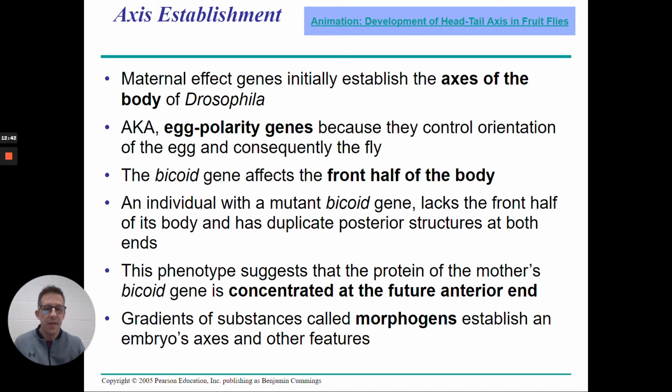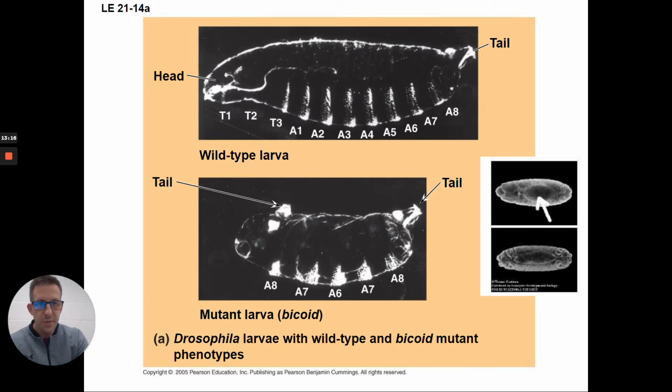It turns out that the concentration of this bicoid gene's protein, once it is transcribed and translated, causes a gradient of bicoid in the developing fruit fly, and the regions that have more concentrations of bicoid protein actually have the ability to turn into a head, whereas the areas that don't have a bunch of that bicoid gene ultimately turn into the posterior region. Okay. So yeah, we'll see a picture of that on the next slide.